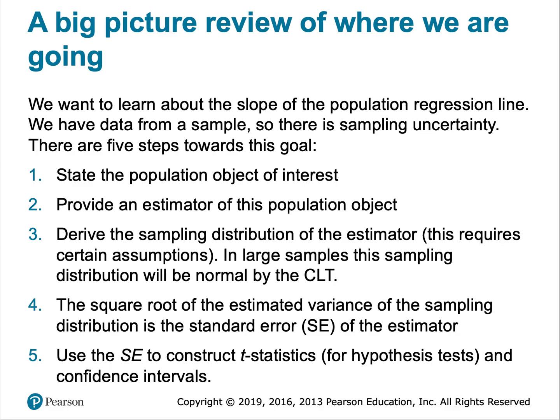A big picture review of where we are going. We want to learn about the slope of the population regression line. We have data from a sample, so there is sampling uncertainty, right? When you are random sampling from a population, you have the chance of drawing different samples each time that you sample randomly, and so there's sampling uncertainty about the OLS estimators.